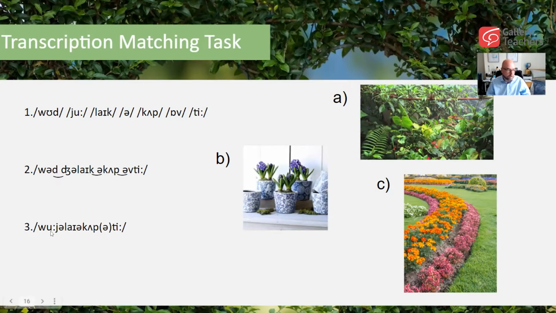Number 3, we like cup tea. And if we think about how we match them to check our understanding against the 3 pictures, I'll just pause here for a few seconds to give you some thinking time so you can decide which picture matches with which realization of that piece of target language.